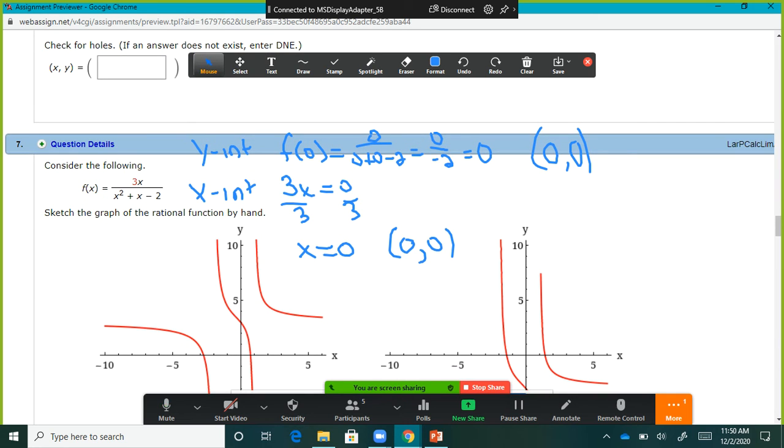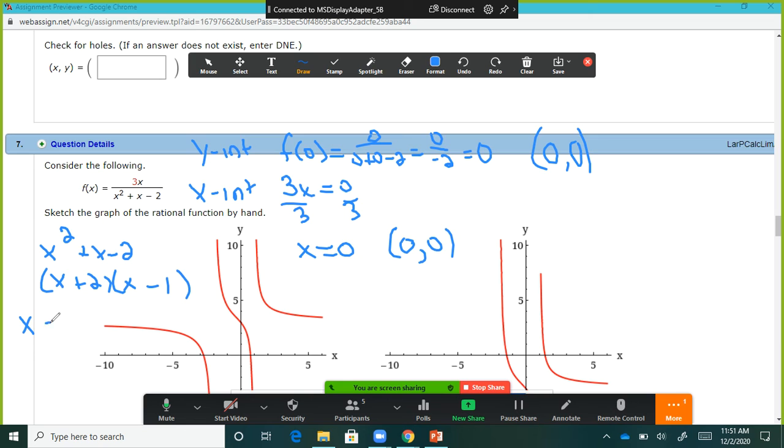All right, let's look at the denominator. X squared plus x minus 2. Let's see if it will factor. What will multiply to negative 2 and add to positive 1? That would be positive 2 and negative 1. All right, so what are the two numbers that would cause a problem if that's the denominator?